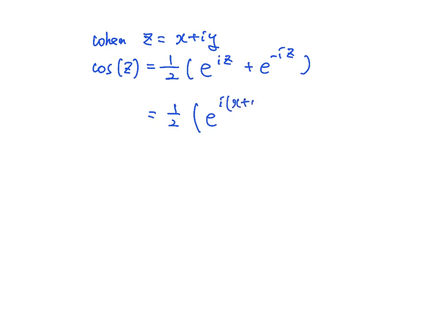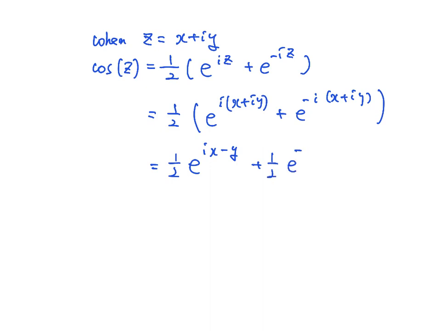So exponential ix plus iy, exponential minus ix plus iy, which is exponential ix minus y, plus exponential minus ix plus y.